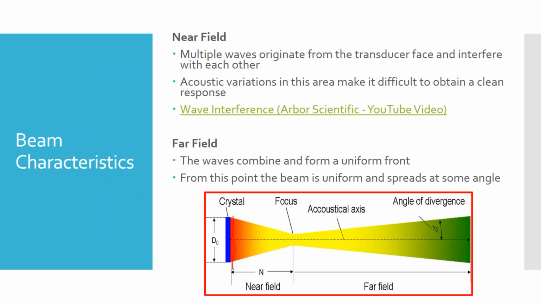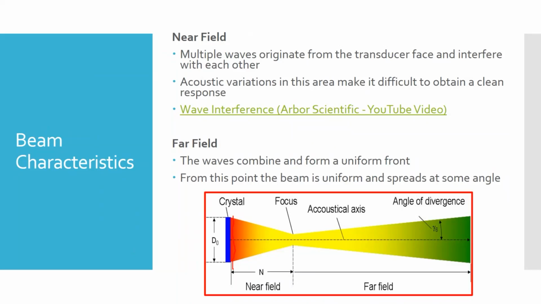That's going to block us from being able to detect anything in that near field area. So this is why ultrasonic testing is not really good for surface damage. It's primarily designed for finding subsurface flaws.